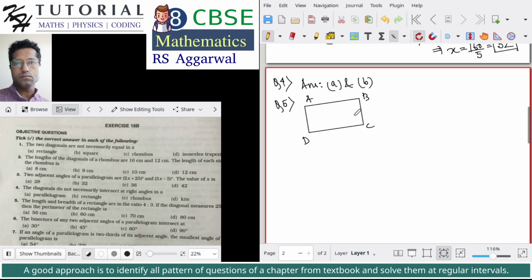It is given that the length and breadth of the rectangle are in the ratio 4:3.